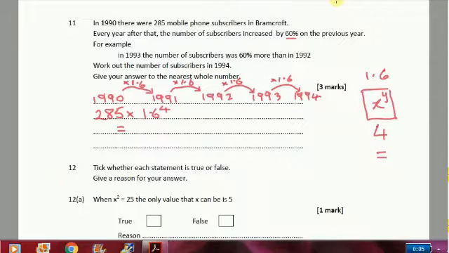And I've got to multiply that by 285. And if I do that on my calculator, I get 1867.776 and so on. But it says give your answer to the nearest whole number. The 7 goes up to 8. 1868, the nearest whole number.